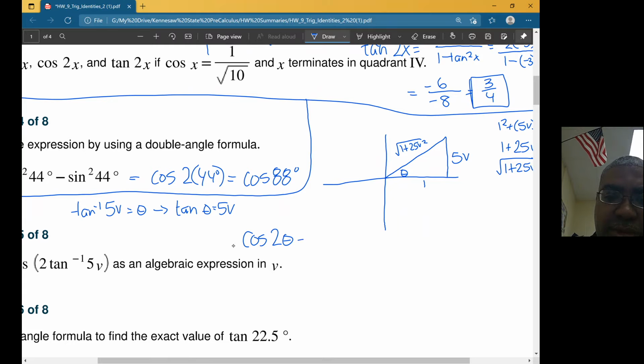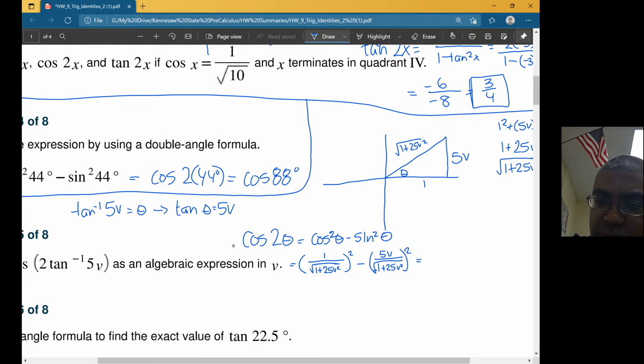So the cosine of 2 theta is cosine squared theta minus sine squared theta. Cosine of theta is 1 over the square root of 1 plus 25v squared, minus sine of theta, which is 5v over the square root of 1 plus 25v squared.